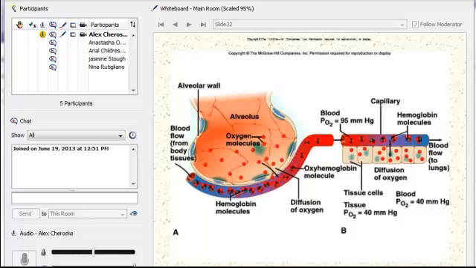And what we find is that oxygen is going to diffuse into the blood, right? Because the blood that's arriving here in these pulmonary capillaries is deoxygenated blood. It's the whole reason that it's gone to the lungs, because we need to get rid of that load of carbon dioxide and we need to pick up a new load of oxygen.